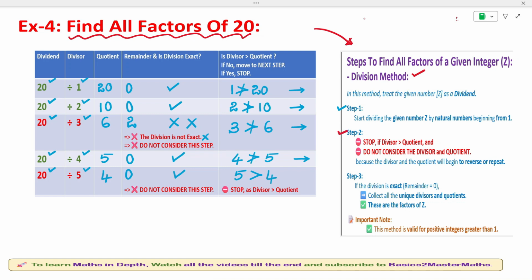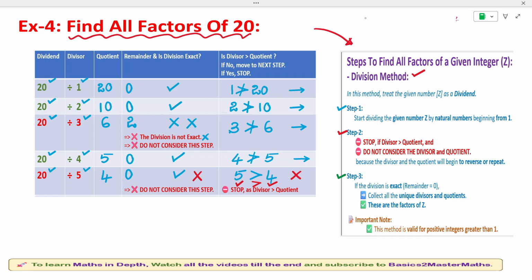As per step 2, please stop here since the divisor is greater than the quotient. Also, please do not consider this step.